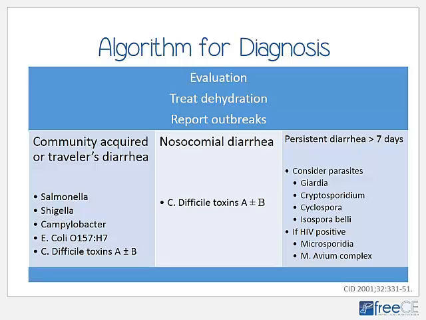And so after you've done all of that, now you're going to think, okay, what am I most concerned about? And that's going to help you in terms of determining what tests to order and how to think about treating your patient. So after I've gone through the severity, duration, history, physical, am I concerned about community-acquired or traveler's diarrhea?